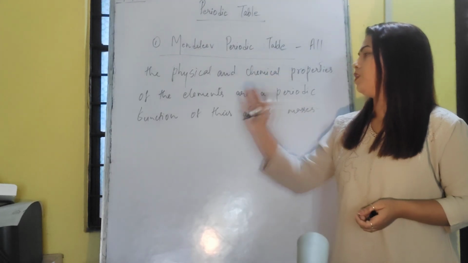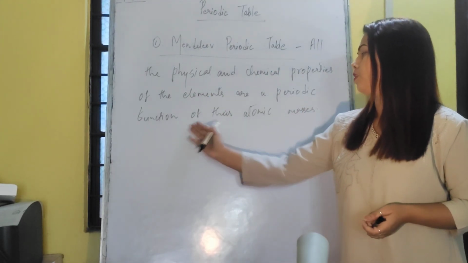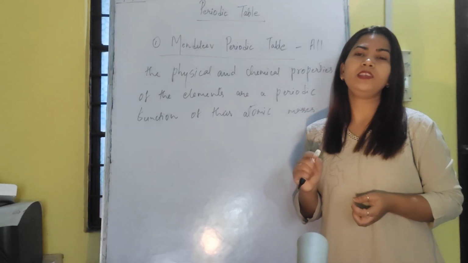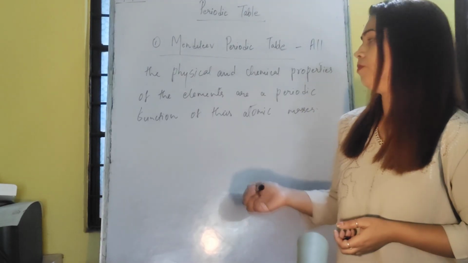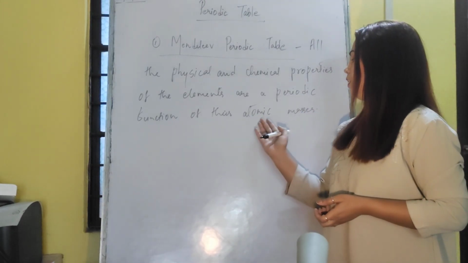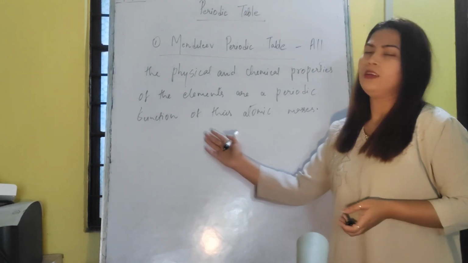All the physical and chemical properties of the elements are a periodic function of their atomic masses. Means each and every element in the periodic table was related to their atomic masses.